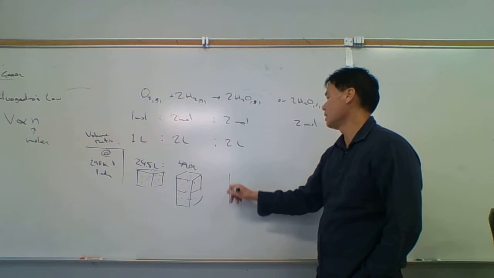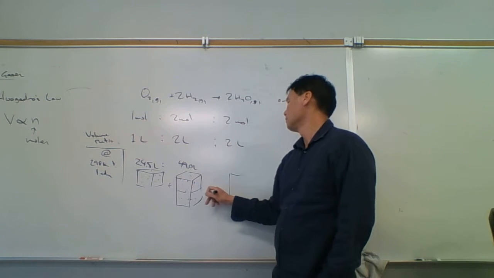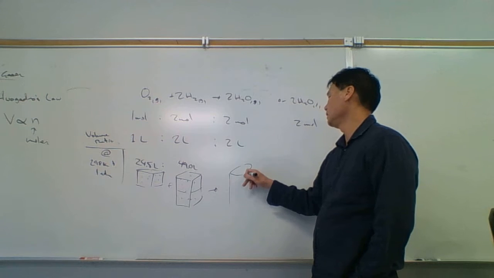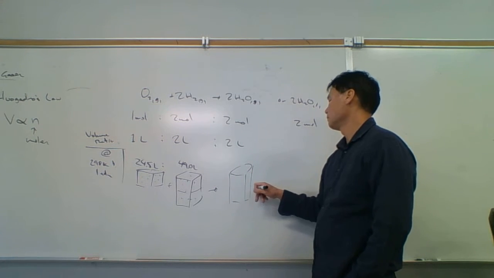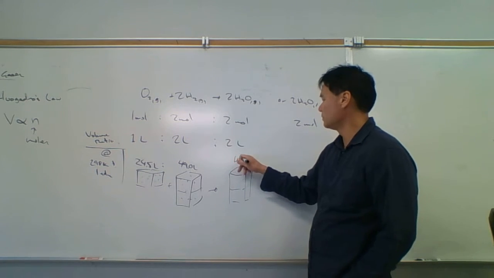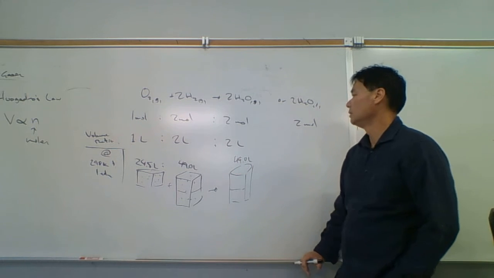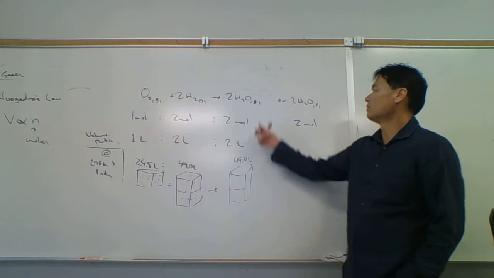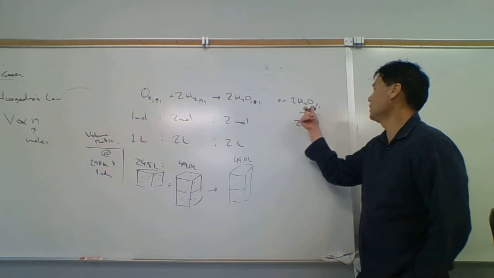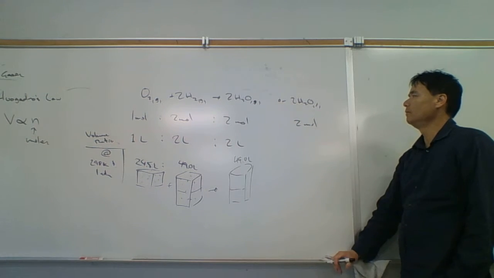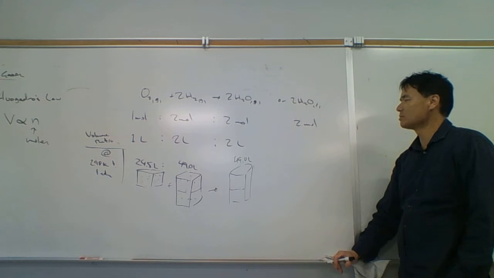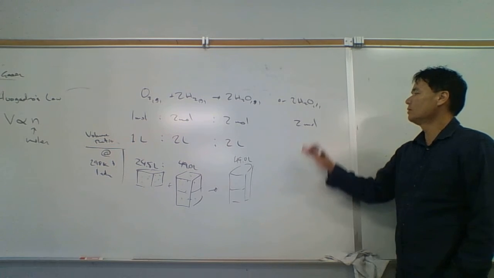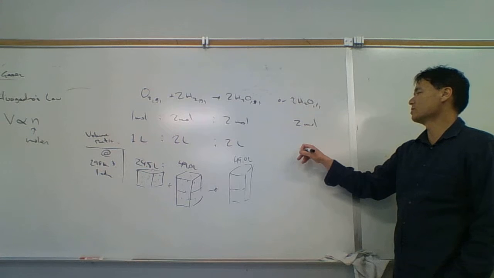2 moles of water will occupy 49 liters. So this will be 49.0 liters of water. That's water vapor though. If I'm looking at liquid water, liquid water doesn't occupy that much space. 2 moles of liquid water is 36 grams.